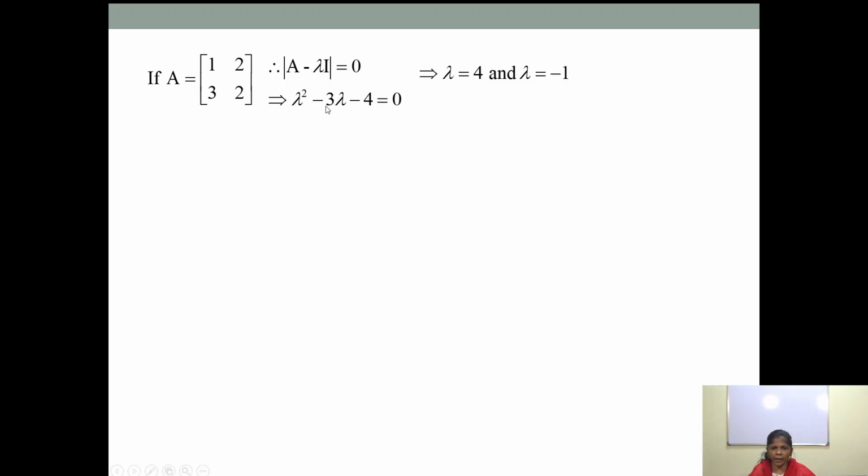We will get two values for lambda, because the highest power of lambda here is 2. The two values are lambda equal to 4 and lambda equal to minus 1. These two are called eigenvalues, also called latent roots, proper values, or characteristic roots or values.